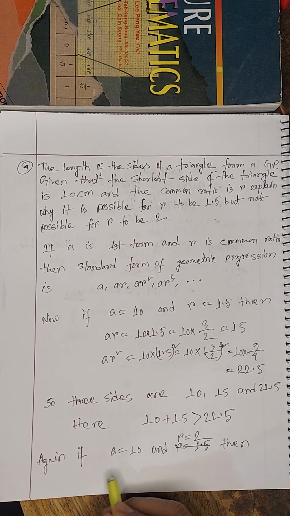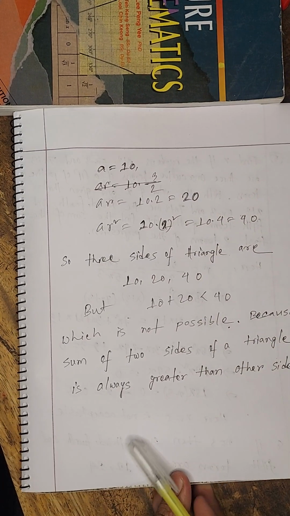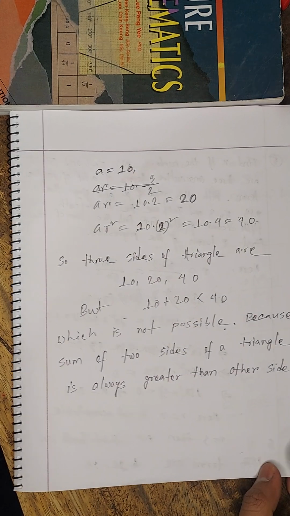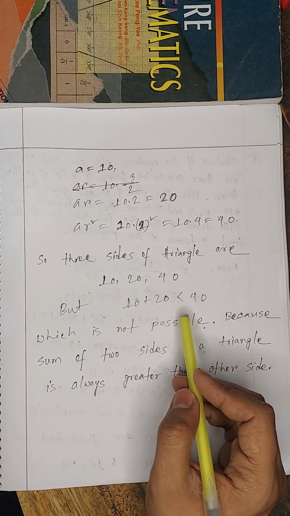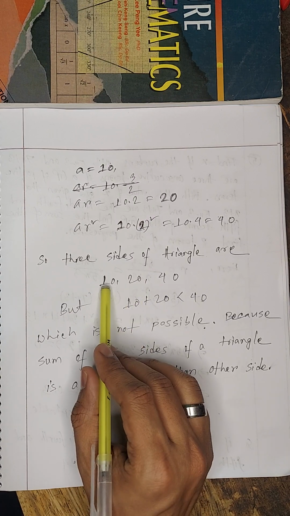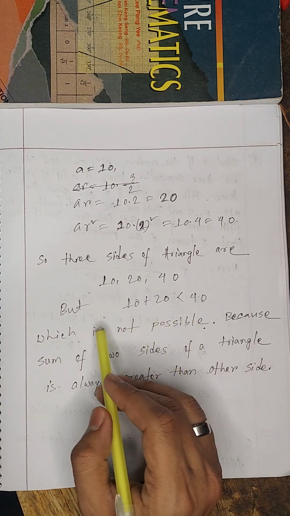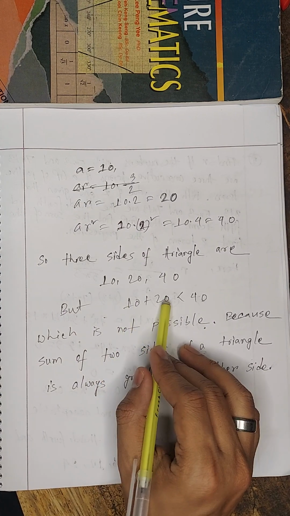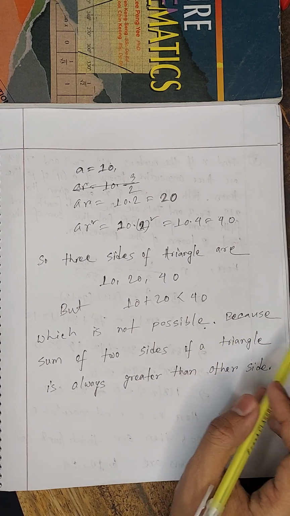So this satisfies the property of a triangle, which is that the sum of the lengths of two sides will be greater than the other side. But if we take A as 10 and R as 2, then the three sides of the triangle will be 10, 20 and 40, which does not satisfy the property of a triangle: 10 plus 20 is 30, which is not greater than 40, so that is not possible for a triangle, because the sum of the lengths of two sides of a triangle must always be greater than the other side.